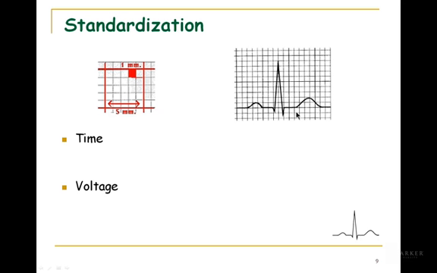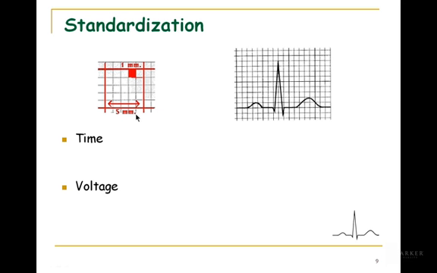So here's the standardization. Each of these boxes is a millimeter. When we're talking about timing, every little square or millimeter represents 0.04 seconds. So one of these big boxes, which has 5 millimeters, would be 0.2 seconds.